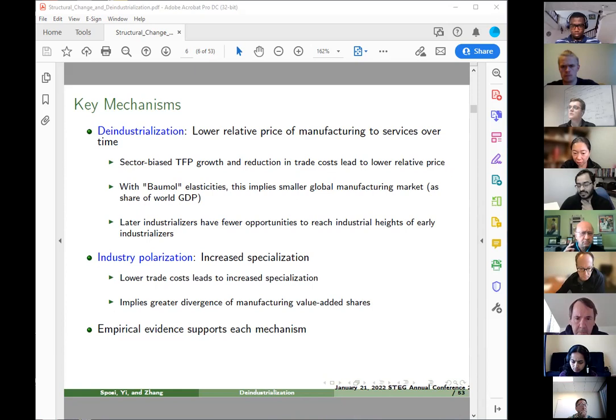What we find is that it's the export margin of those trade costs that matters more for deindustrialization. Our interpretation is that being able to get your goods out to the rest of the world more efficiently will facilitate developing a larger manufacturing sector as a whole. So that seems to be more closely related to the deindustrialization component than the import side of the trade costs. Great, thank you very much, Michael.